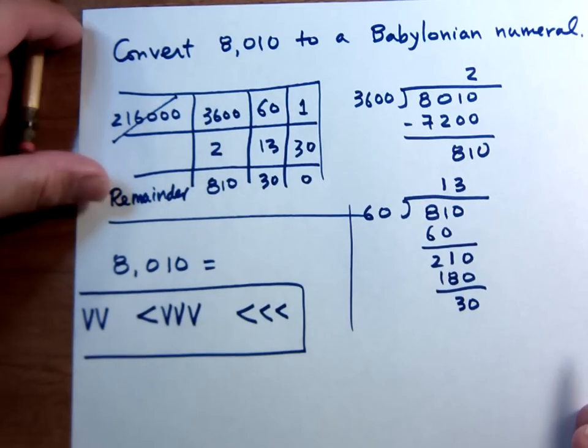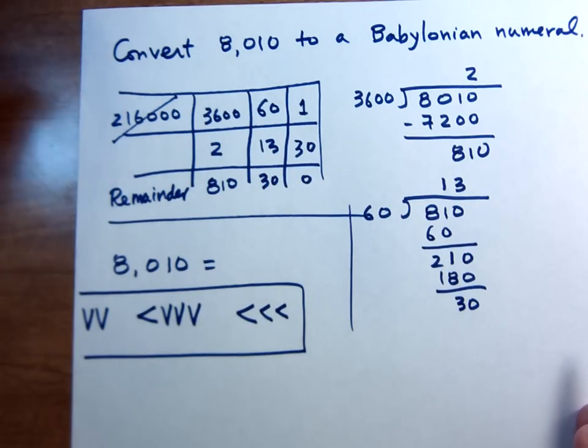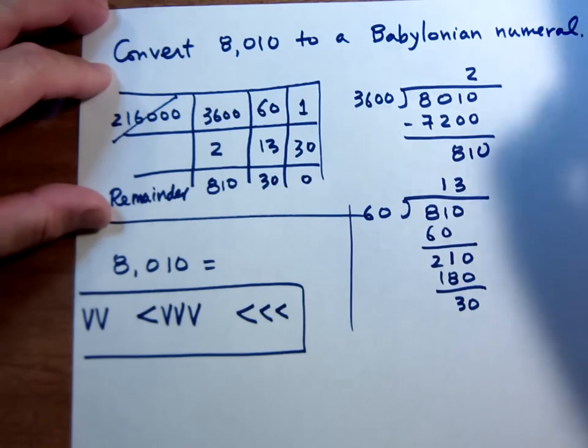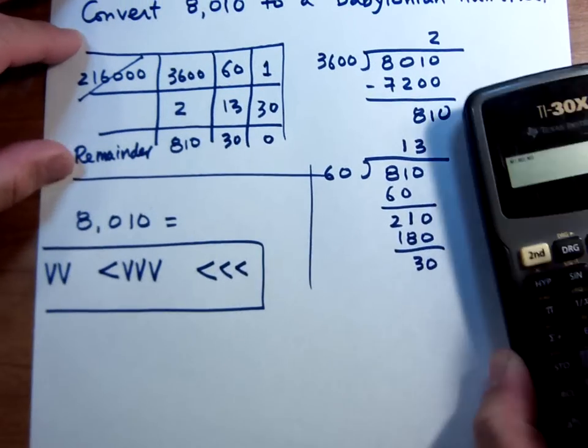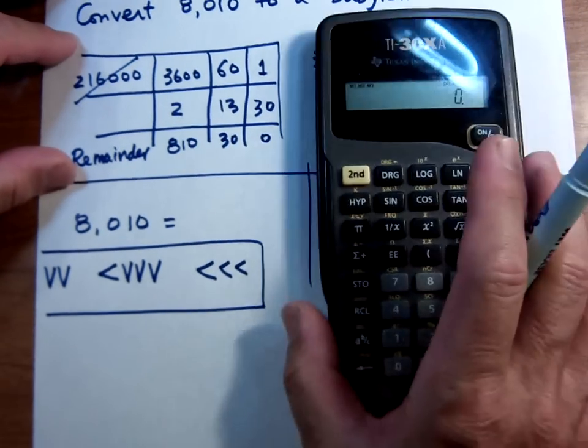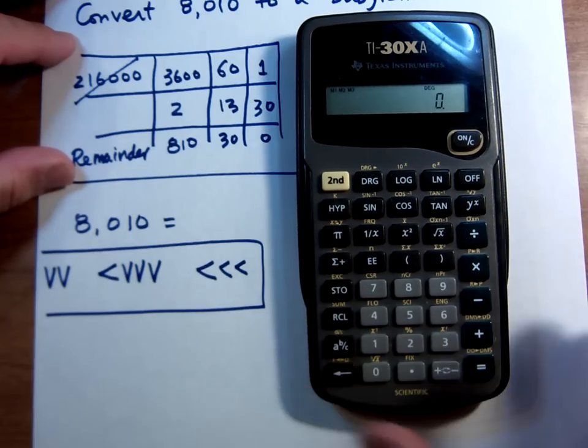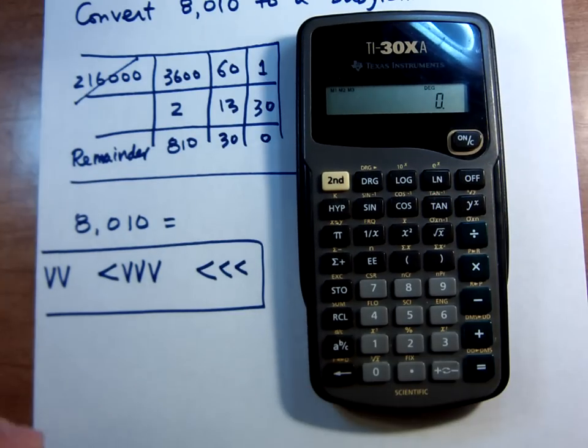If you remember the little calculator trick that I showed, let me just show that one more time. This whole division can be done using a pretty simple calculator trick. It's not really a trick, it's a little shortcut.